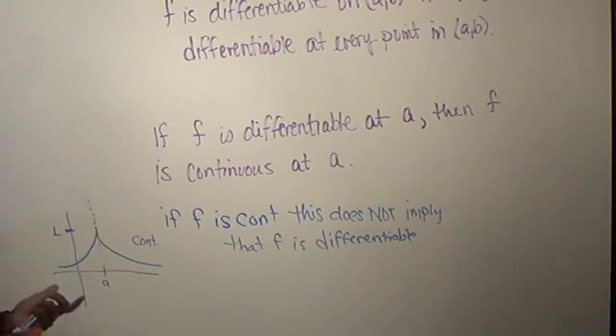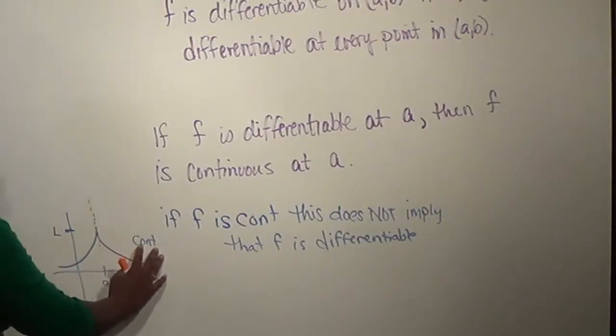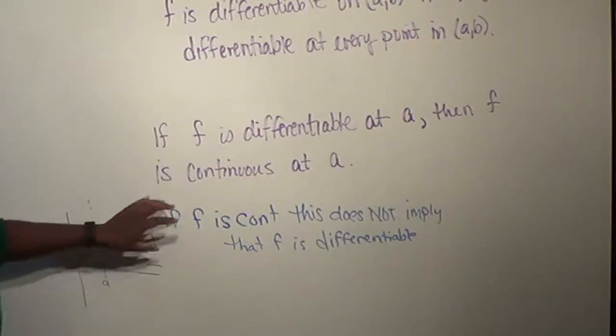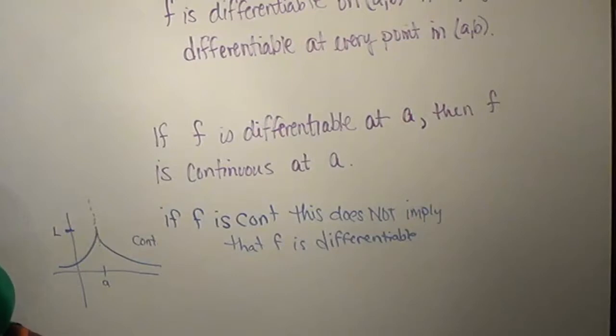And if you remember, way back in pre-calc when you talked about linear equations, the slope of a vertical line is undefined, which means here our derivative is undefined. So I can have something continuous where the derivative doesn't exist. And so that's why the reverse of this statement is not true. If it's differentiable, it is definitely going to be continuous. But if it's continuous, that does not imply differentiability.